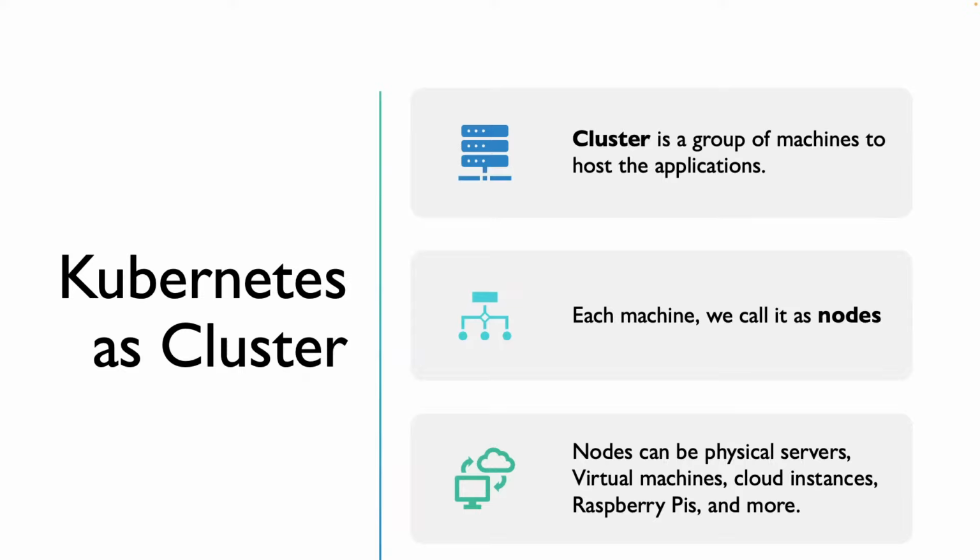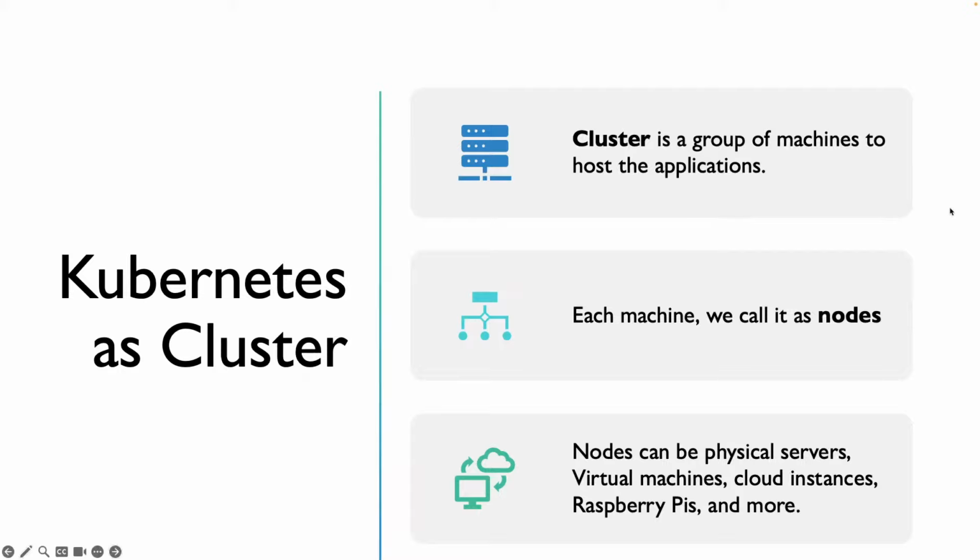Each machine I would call a node. These nodes can be physical servers, virtual machines, cloud instances, Raspberry Pis, anything. So a collection of such nodes is what we call a cluster.